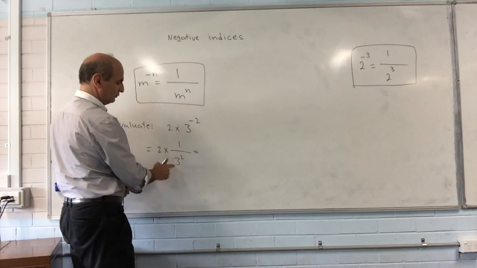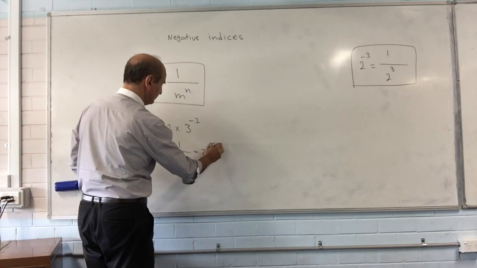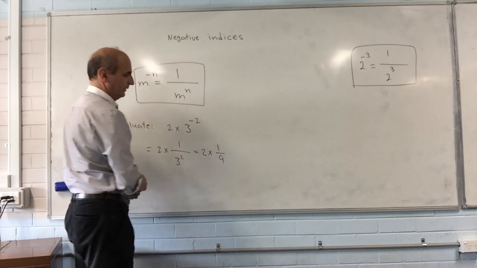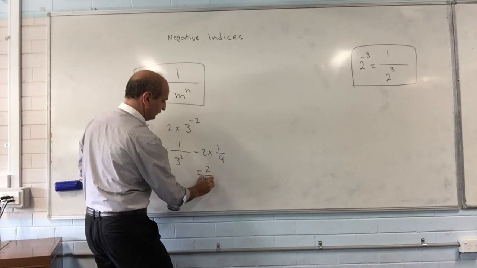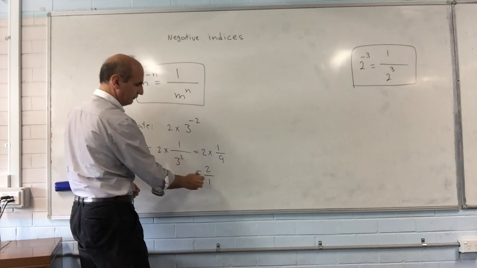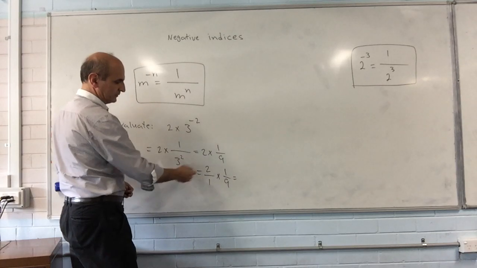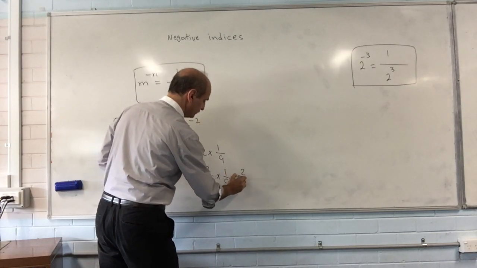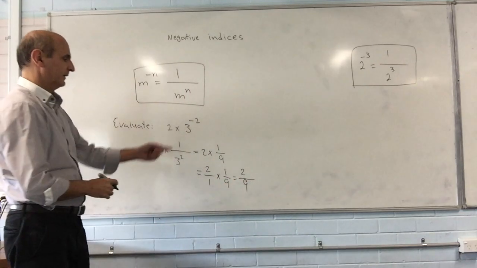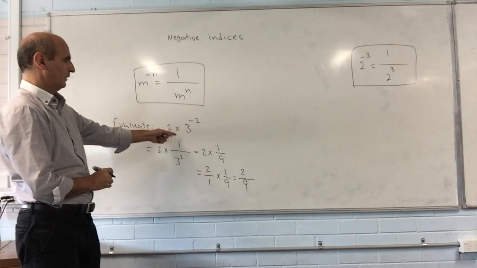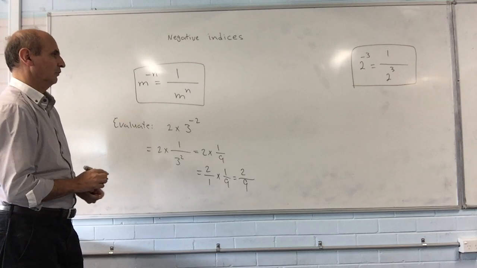And 3 to the power of 2 means 3 times 3, which is 9. So it becomes 2 times 1 over 9. Any whole number can be written over 1, so 2 is 2 over 1. When multiplying fractions, multiply the tops to get the top and the bottoms to get the bottom. So 2 times 3 to the minus 2 becomes 2 over 9.